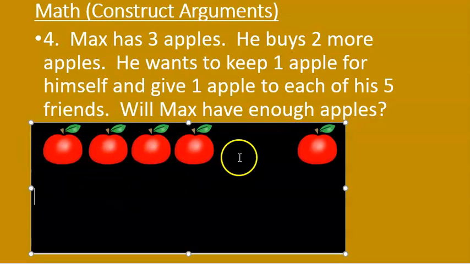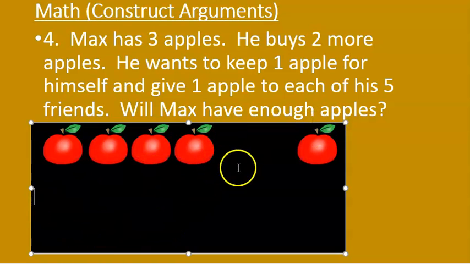If he had 4 friends with him, yeah, each of these apples can go to his 4 friends, but since it says he's with 5 friends, 1 friend, look, is not going to have an apple if he gives them out one by one. So therefore, the question is, will Max have enough apples? We have to explain that.